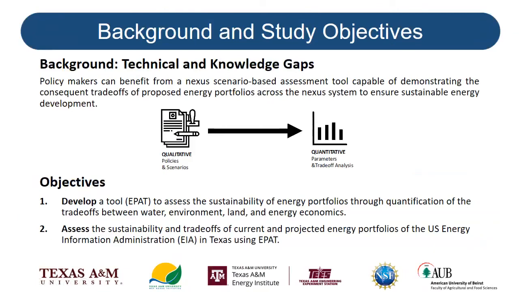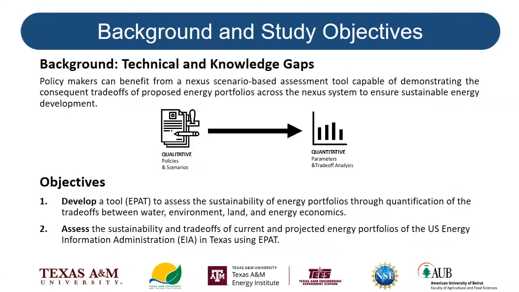As for the background, energy policies driving the sustainable energy transition often disregard the outcome trade-offs that are drawn from the interlinkages between energy and natural resource systems, such as water, air, and land, which in many cases is leading to unintended consequences, which is what we'll see later on in this presentation.